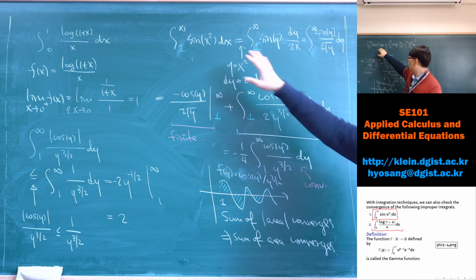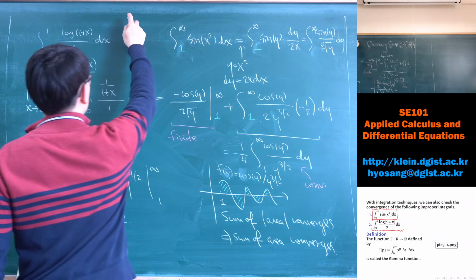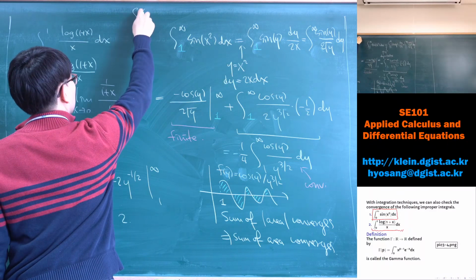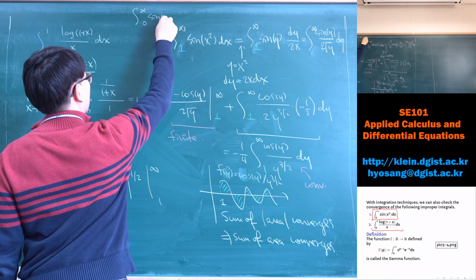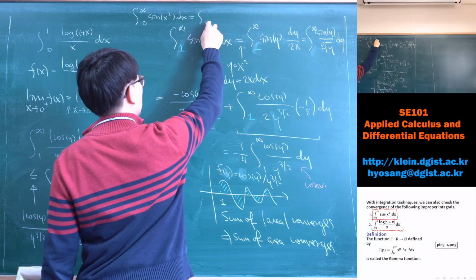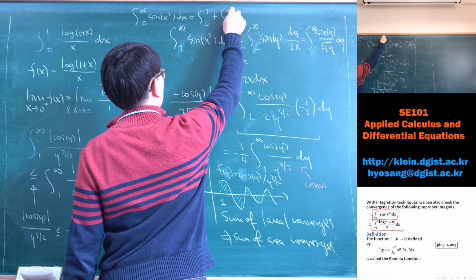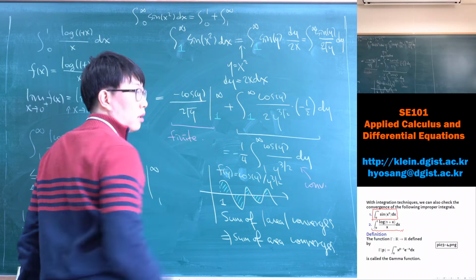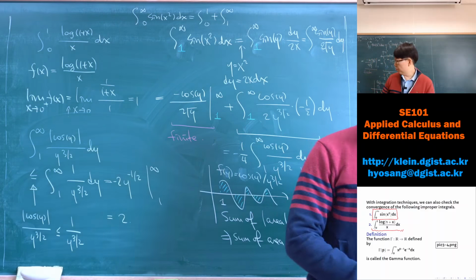So the original integration is the integral from 0 to infinity of sine x squared dx, and that can be split into two integrations, one from 0 to 1 and the other from 1 to infinity, and both are finite values. So we have a convergent improper integral.